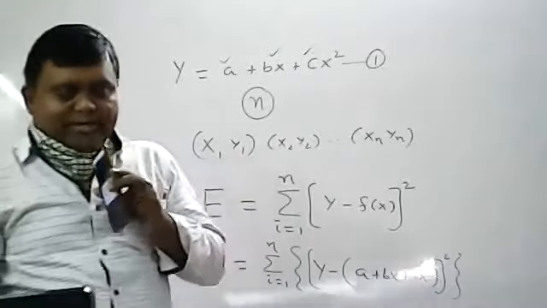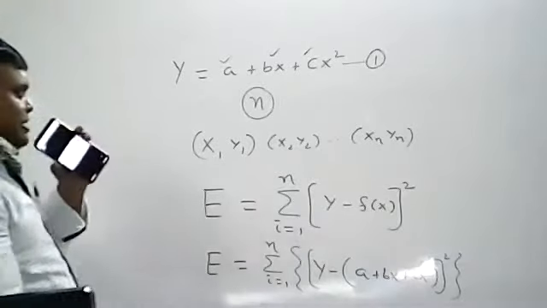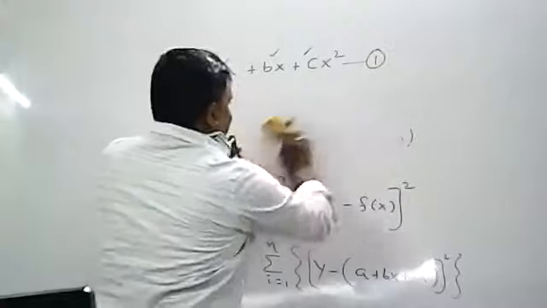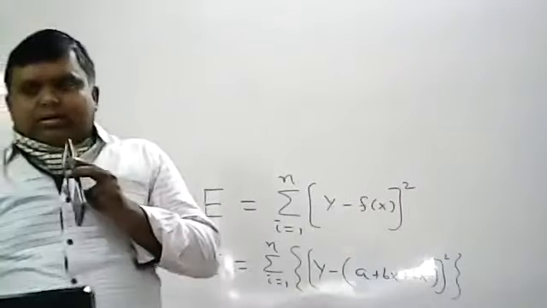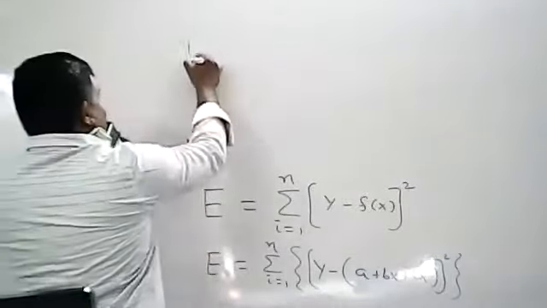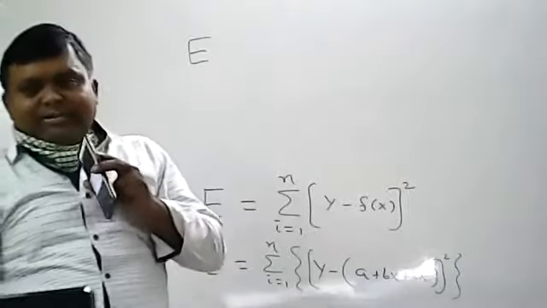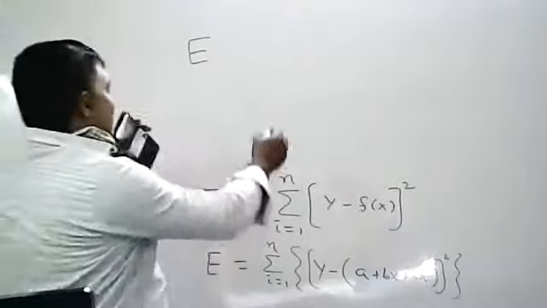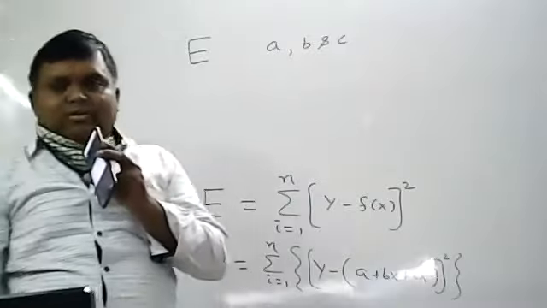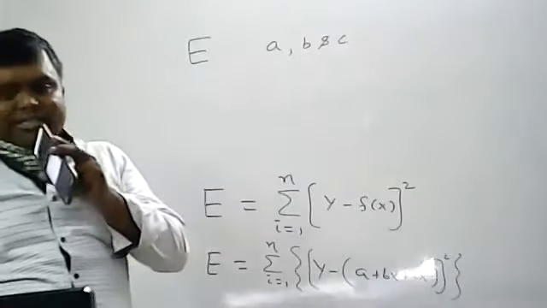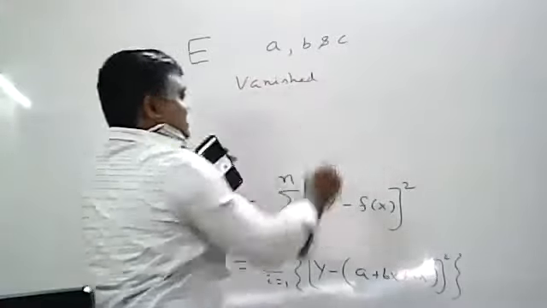From the principle of maxima and minima, the partial derivatives of E with respect to the constants A, B, and C must vanish, meaning equal to 0.